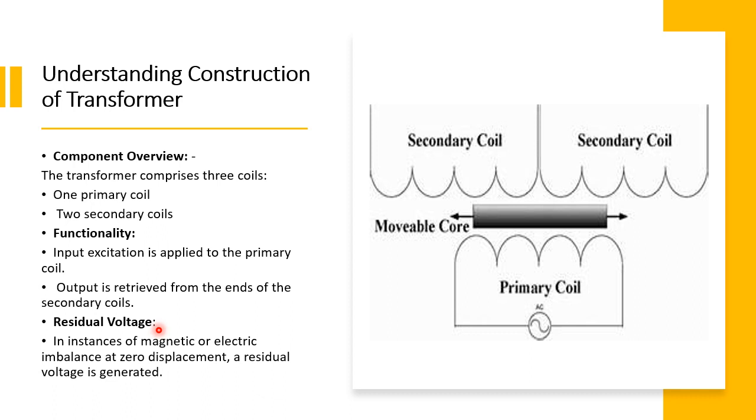What is residual voltage? In the absence of a magnetic field imbalance, at zero displacement, a residual voltage is generated. Some voltage is there at the balanced condition, and that is known as the residual voltage.